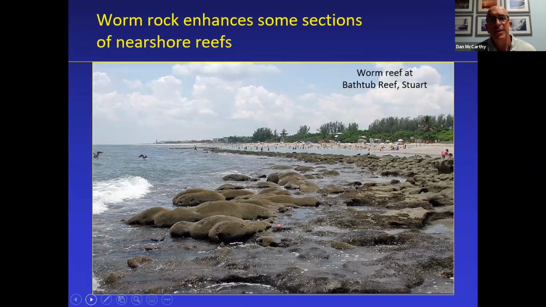Along a large percentage of the coast, we can have areas that have a lot of what's referred to as worm rock or worm reef. In this photograph, that's also Bathtub, looking to the south, you can see the limestone where that girl's playing, that's the older stuff. That brown stuff, for the most part, is that turf algae that I was talking about.